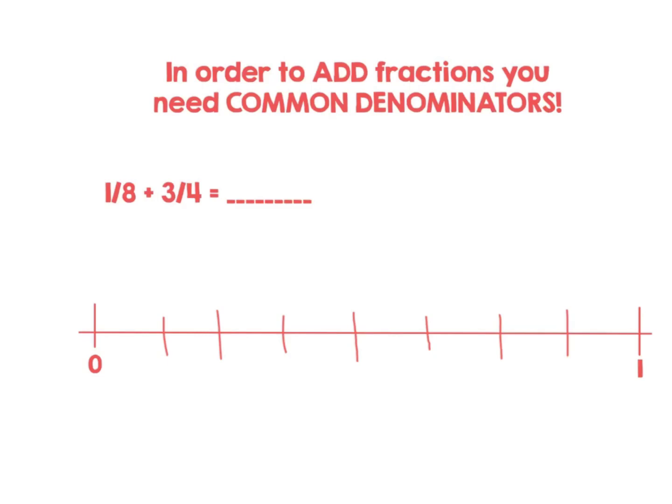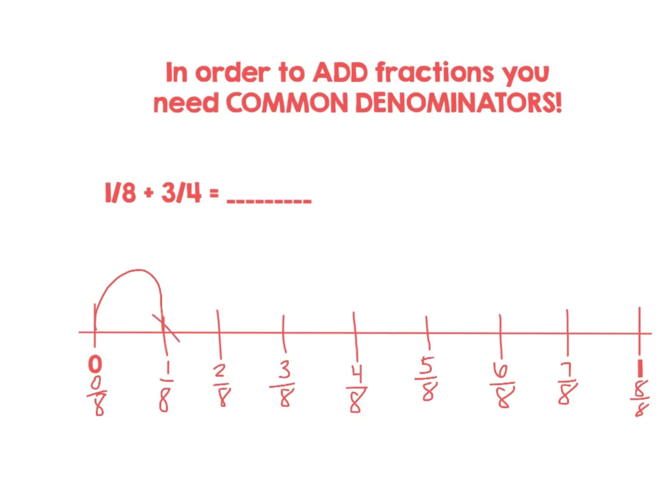And I'm going to label it 1/8, 2/8, 3/8, 4/8, 5/8, 6/8, 7/8. And we know that 8/8 is the same as 1 whole, and I could show over here that 0/8 is the same as 0. So I'm starting with 1/8, and I'm going to show that on my number line.